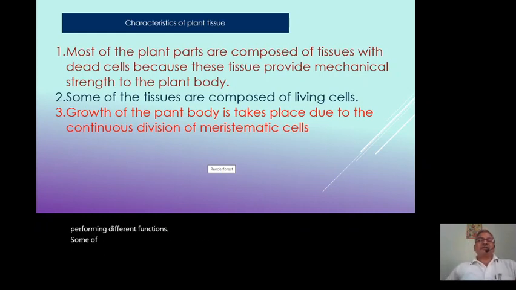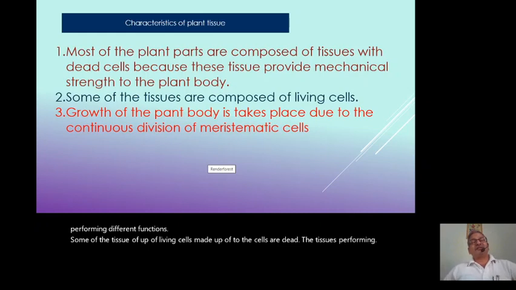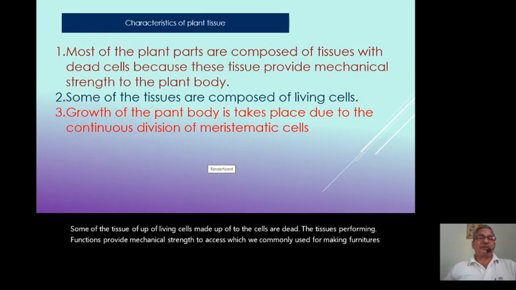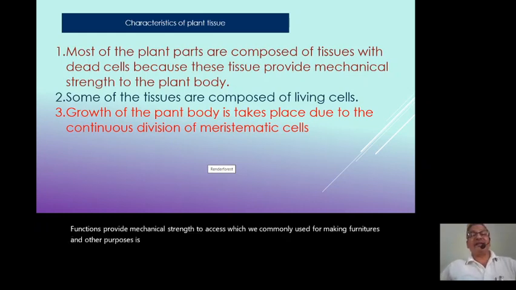Even though the cells are dead, the tissues perform functions like providing mechanical strength to the axis. The wood which we commonly use for making furniture and other purposes is made up of dead tissue.